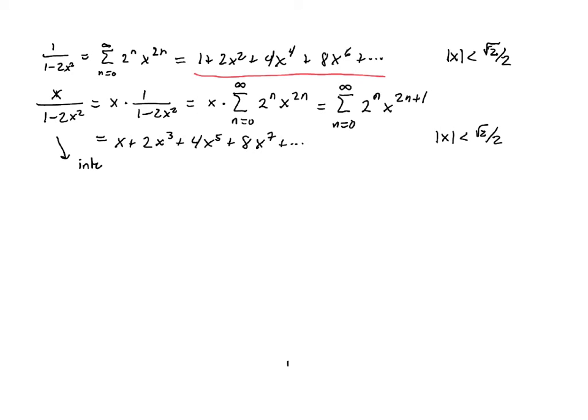So we're going to integrate term by term. And so we find, for instance, that the antiderivative of x over 1 minus 2x squared dx is the same thing as the integral of the power series that we found.